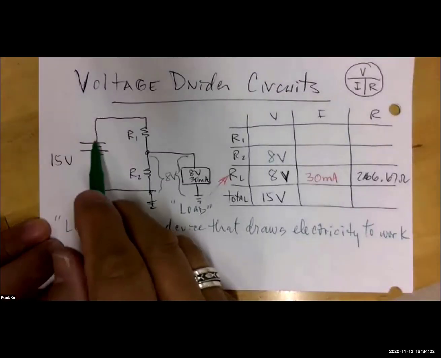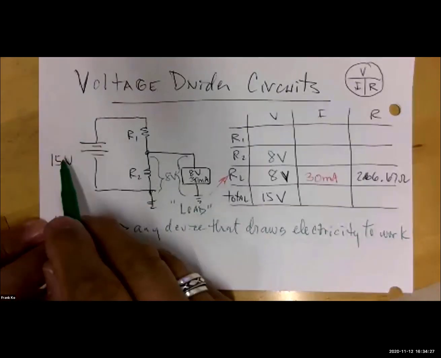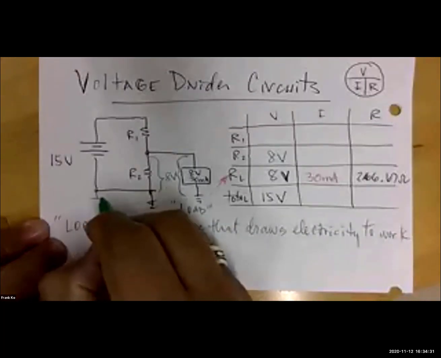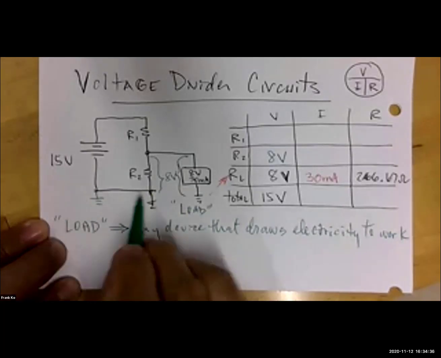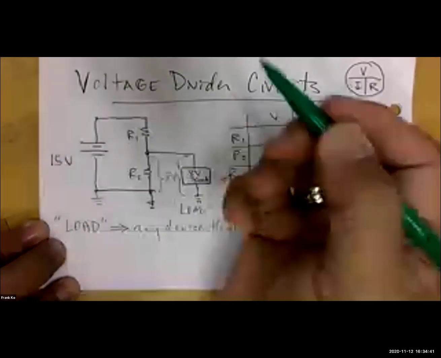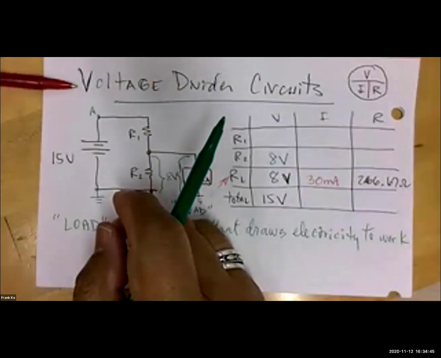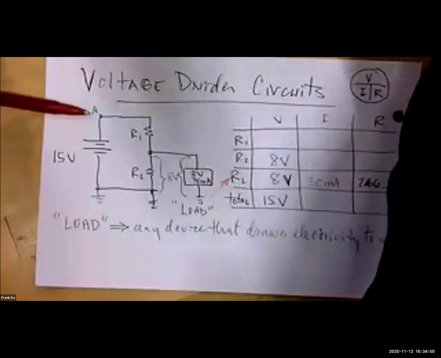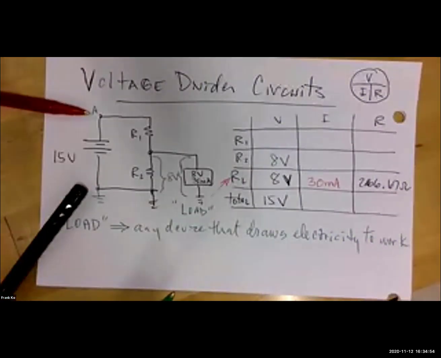Precisely. Because if you look at the left side of the circuit, do you see a 15-volt source, my friends? Isn't the 15-volt source right here attached to ground? Yes or no? Ground is here, ground is here, ground is here. It's attached to ground. So if I measure from the top right here, call this point A, with a red probe, and put my black probe on ground right there, I'm going to measure 15 volts, yes?